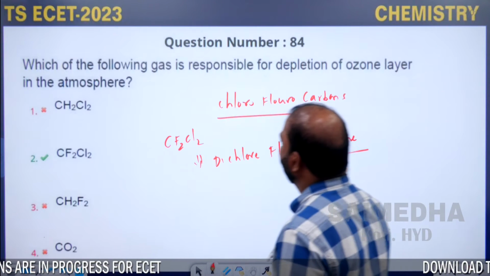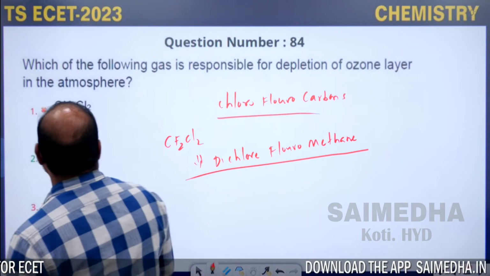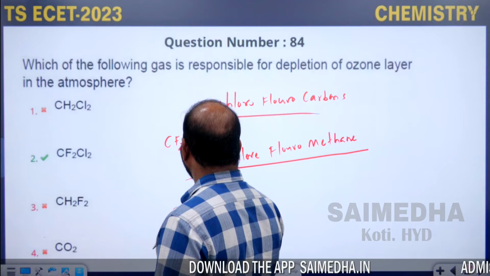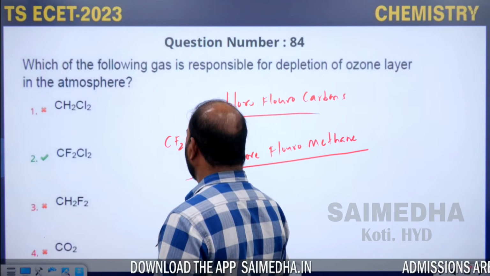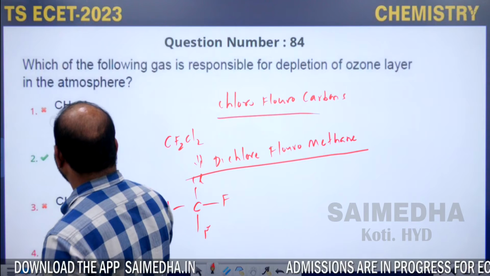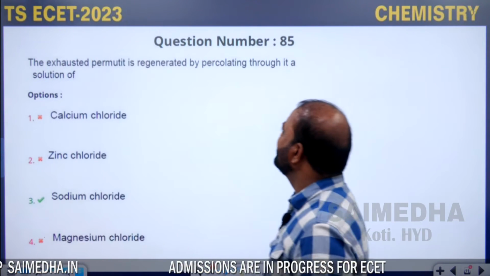It is responsible for depletion of the ozone layer in the atmosphere. If you consider the structure, around one carbon, two fluorines and two chlorines are there. Chlorofluoromethane, CF2Cl2.